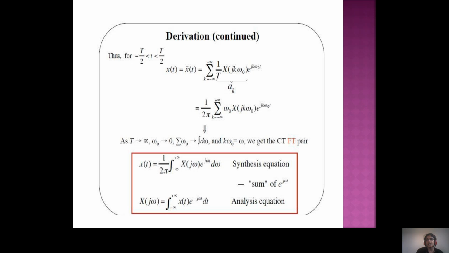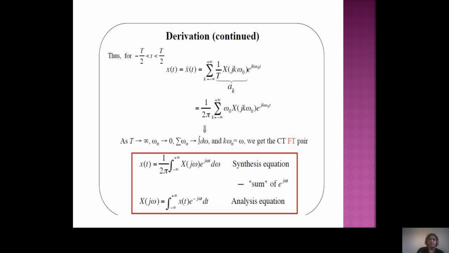So we get the continuous-time Fourier transform pair. You observe that x of t is equal to 1 by 2 pi integral from minus infinity to infinity of X of j omega e power j omega t d omega. This is the synthesis equation.